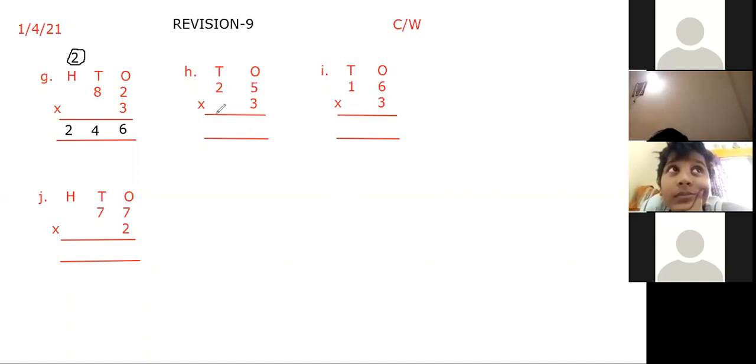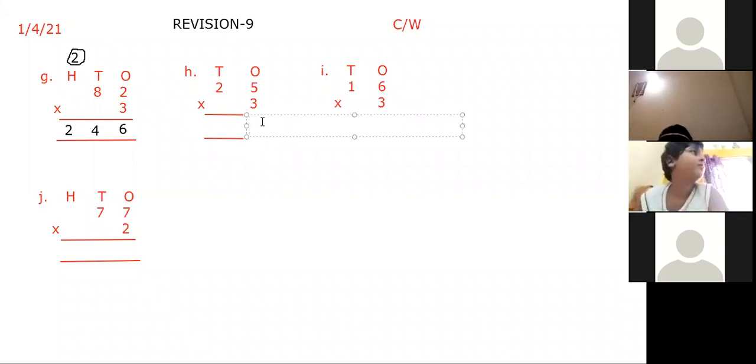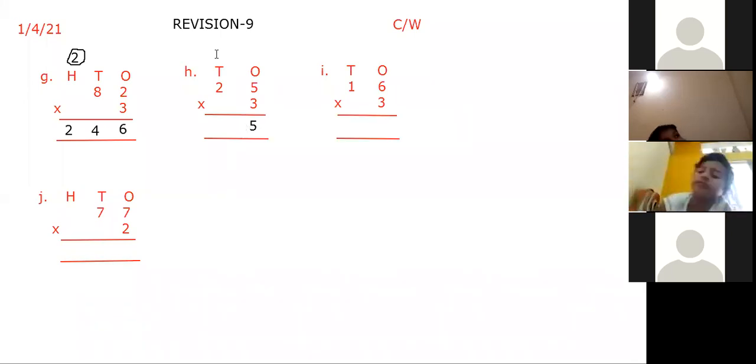Yes, 25 multiplied by 3. Now which table? Pathan, I can see you are not at all writing. Yes, Priyansika, which table? 3 table, ma'am. So 3 5s are? 15. Only 5 here and 1 will go as? Carry over, in tens place.